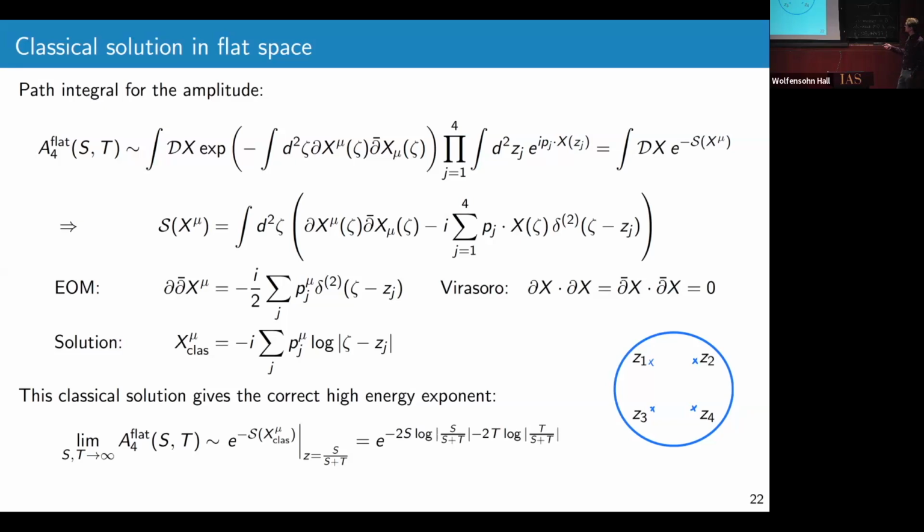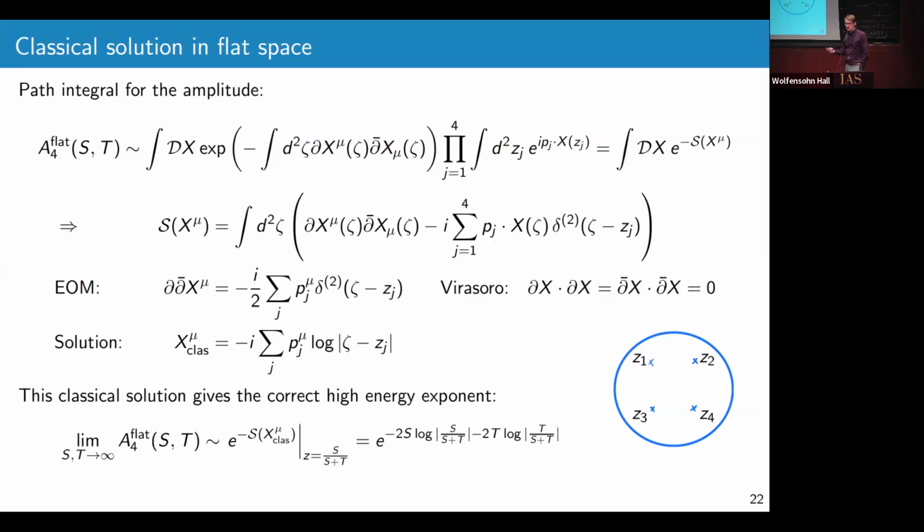This gives us this equation of motion and Virasoro constraints to ensure diffeomorphism invariance on the worldsheet. And the solution is just this, where log is the Green's function on the Riemann sphere. If we plug this back into the action, we get exactly the same exponent that we saw before from the saddle point. We now insert the 4 points at generic points, by the way.